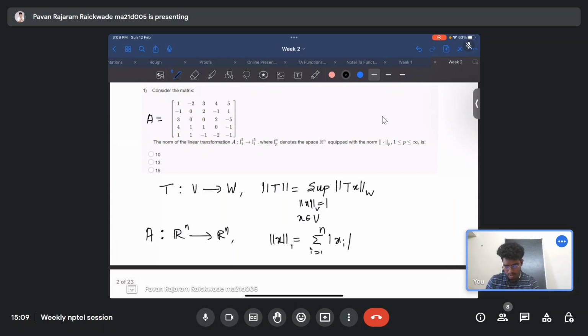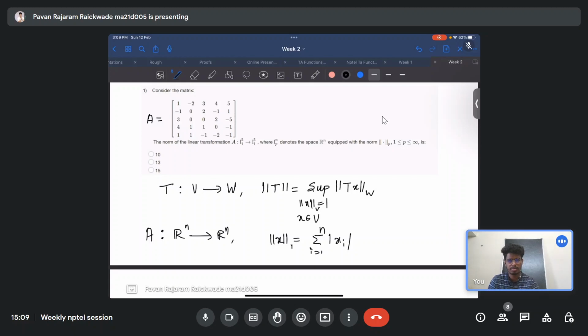Finding manually the norm for a particular matrix is a kind of tedious job. There is a certain representation of the norm with respect to the entries of the matrix. Does anyone know what that is? If Rn is equipped with norm 1, then the operator norm of any matrix has a certain representation.